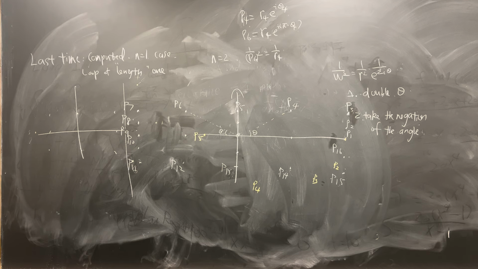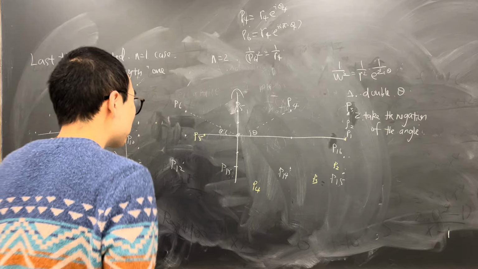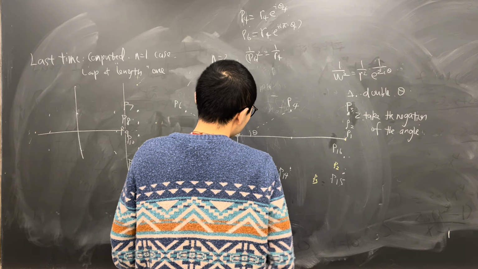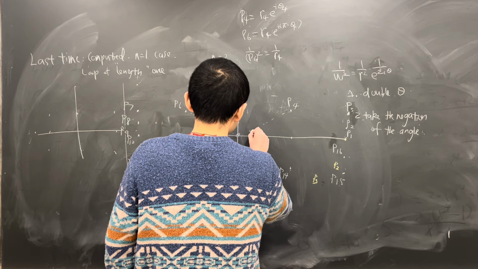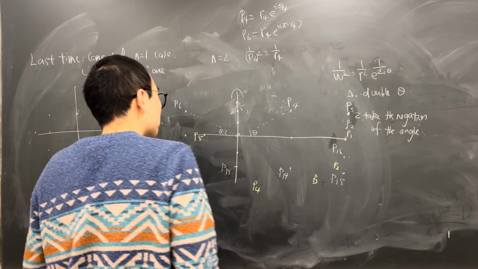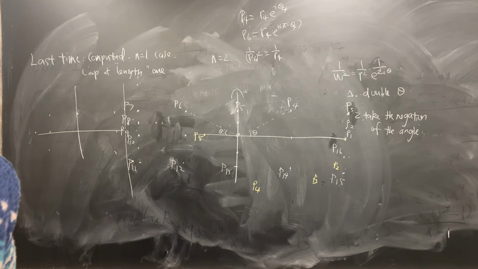Because the different points have very different radii. So when taking the 1 over, they are very small here, they might be small here. So is there anything that I can do in order to compute these?